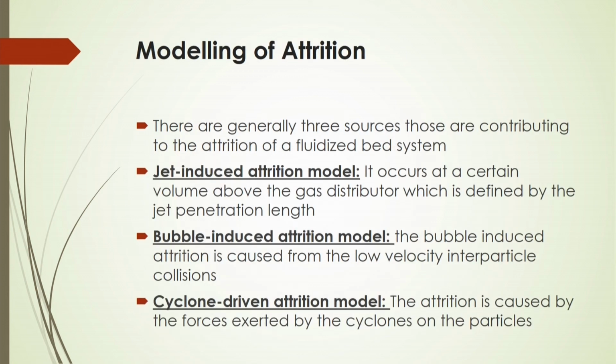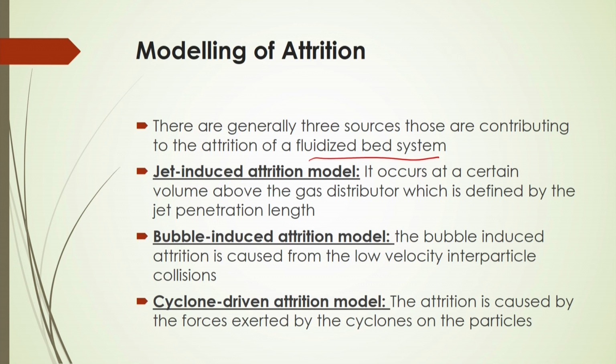For modeling of attrition, you have to develop some model in such a way that you can predict the attrition rate inside the bed. There are generally three sources contributing to the attrition of the fluidized bed system. One is the jet-induced attrition model, another is the bubble-induced attrition model, and then the cyclone-driven attrition model.